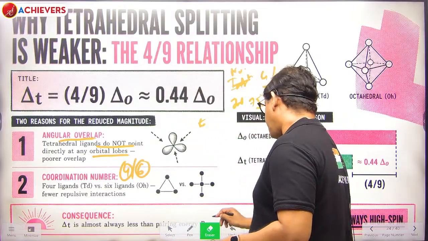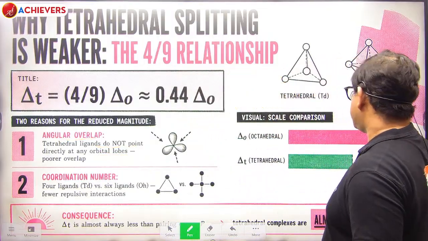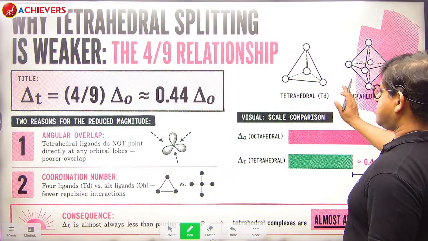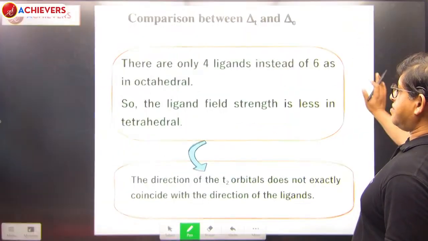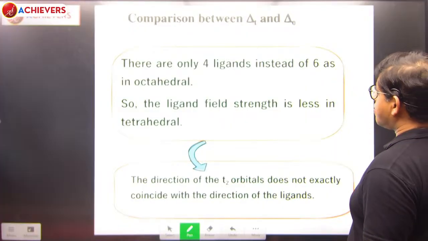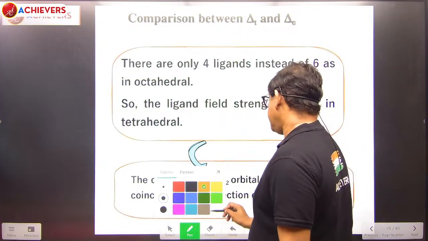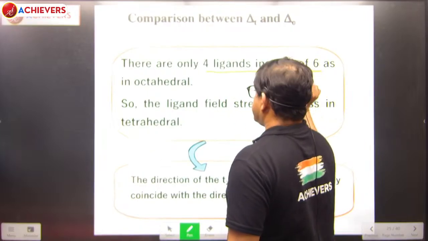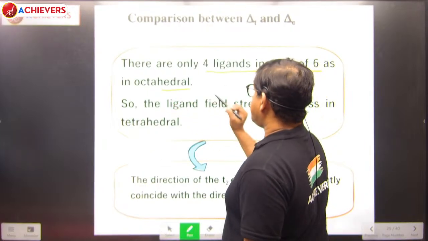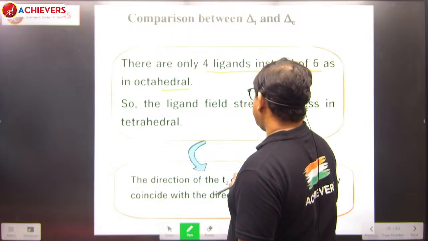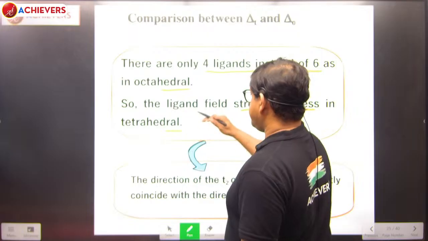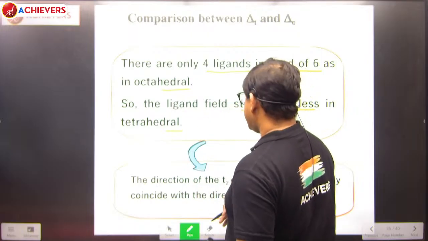And how much lower? Let me calculate. This is tetrahedral and this one is octahedral. There are only 4 ligands instead of 6 as in octahedral, and so the ligand field strength is lesser in tetrahedral.